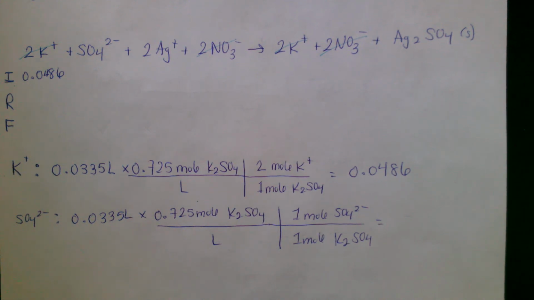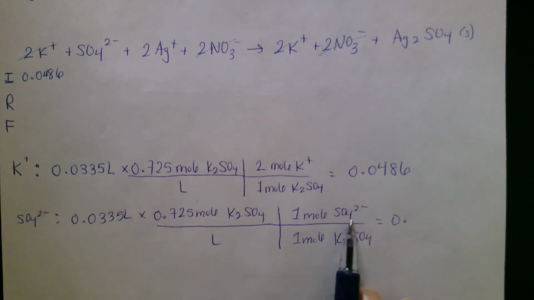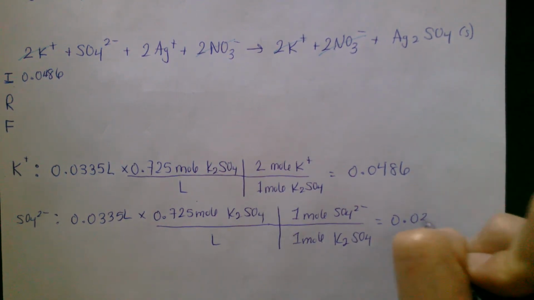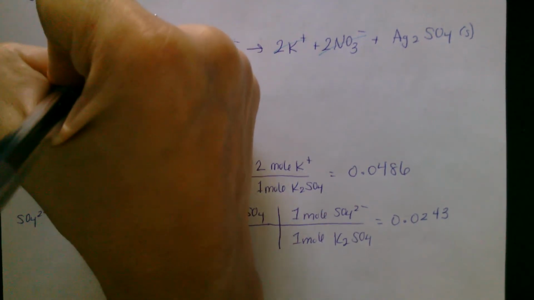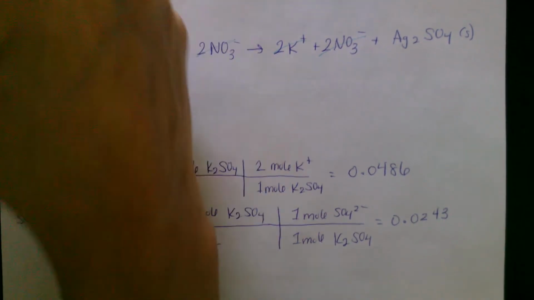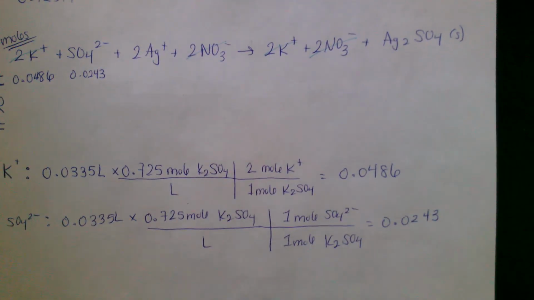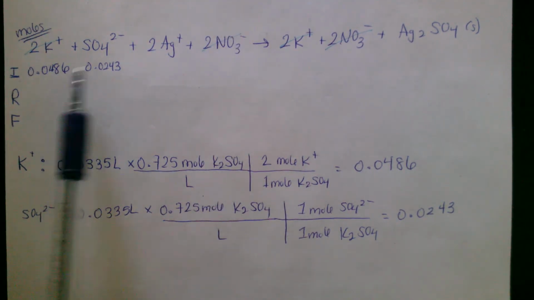So we're going to have half of that, because we had double the ions there. That gives 0.0243. This is in units of moles in the table. So we have our first two entries.